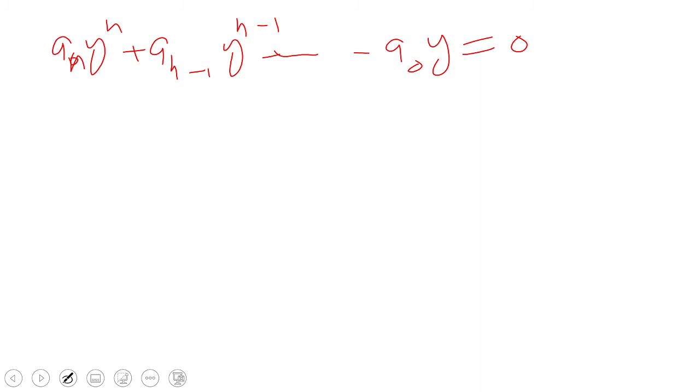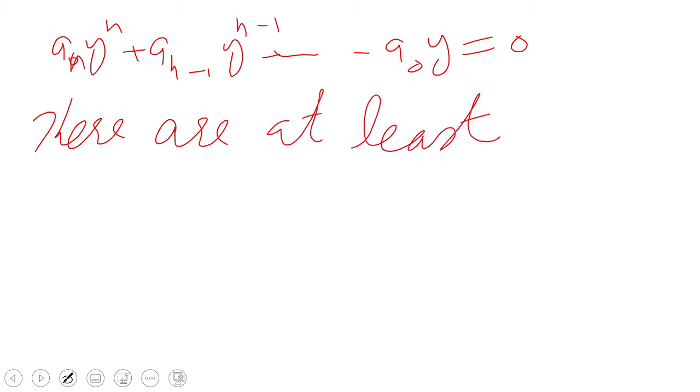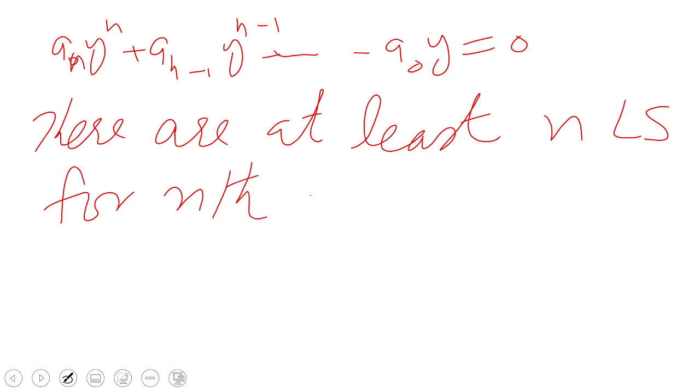So this is the conclusion: there are at least n Lie symmetries for nth order ODEs. So this is the minimum value.